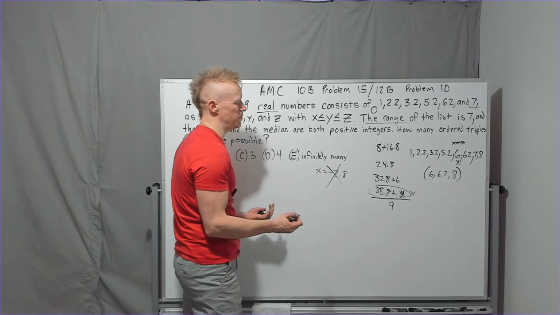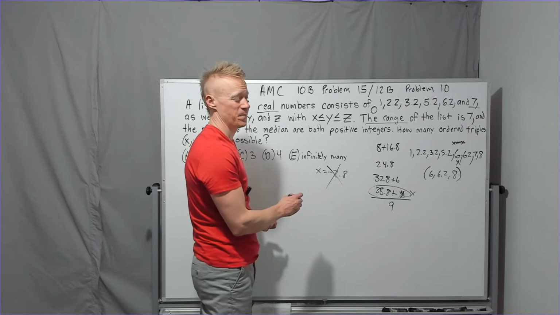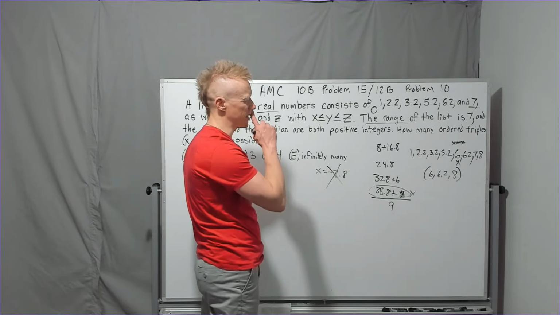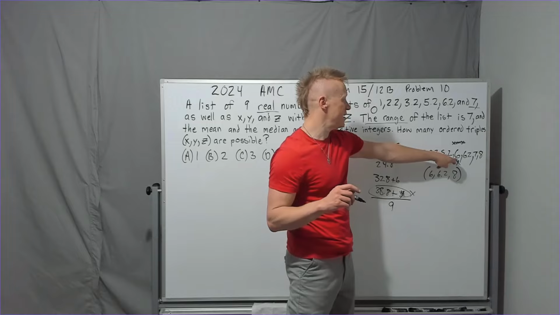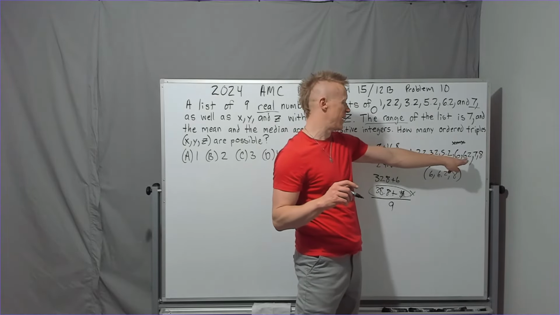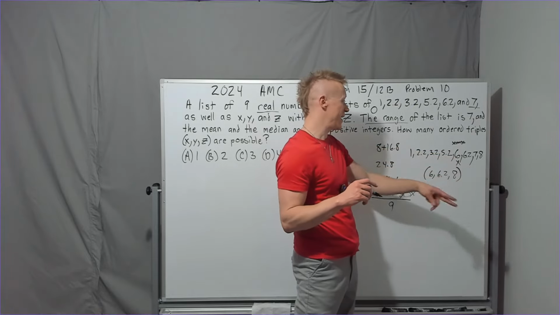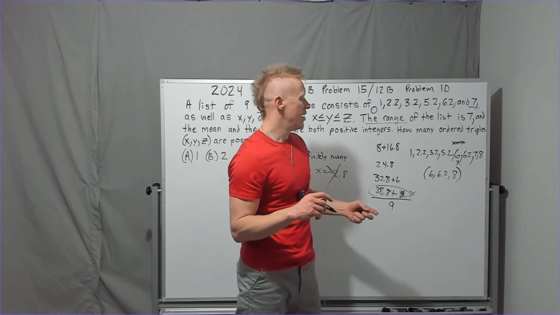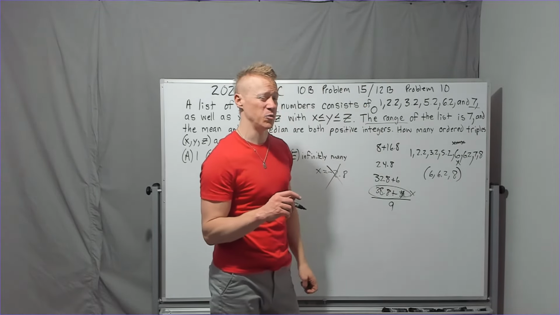So the next thing is, what happens if z is not 8? Maybe we focus on the median. If I make the median between the 5.2 and the 6.2, the only option is 6, and that ends up forcing the 8 and 6.2 choice as well.